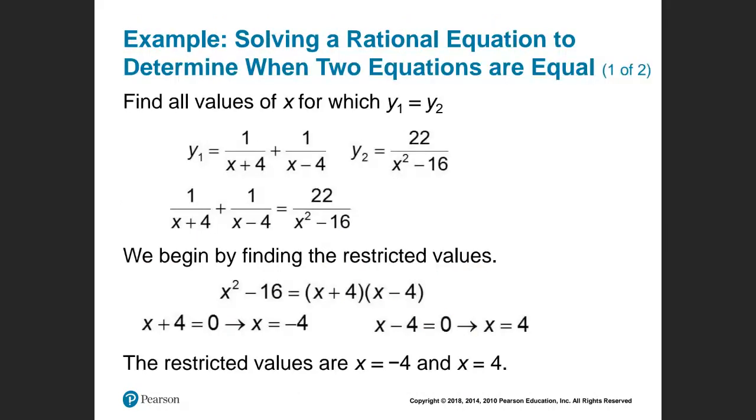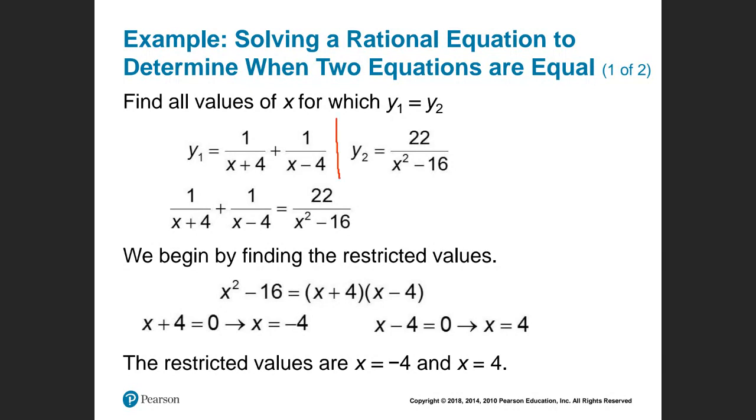Now let's go to the next example. Find all values of x for which y1 equals y2. They give the equations: y1 equals 1 over x plus 4 plus 1 over x minus 4.